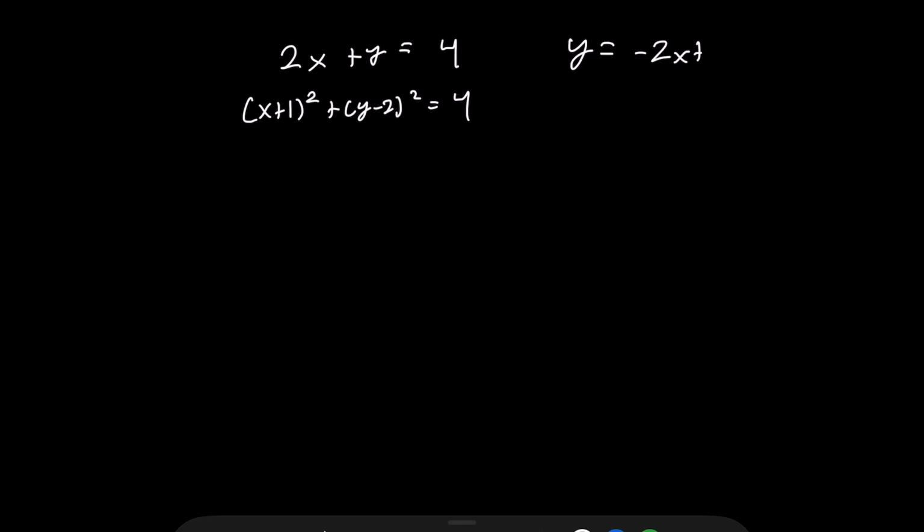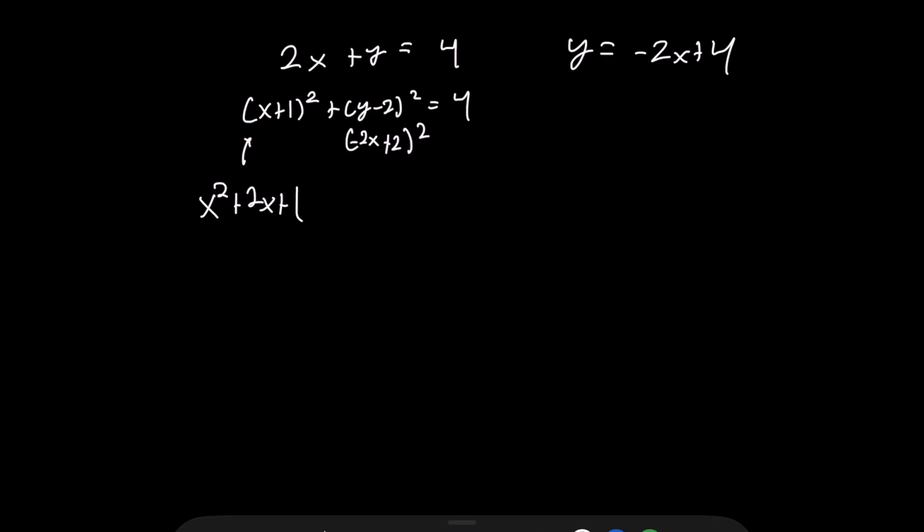We can easily solve for y in the top equation, so I'm going to do that. y is equal to negative 2x plus 4. And I'm going to substitute that into the bottom equation. It's going to get a little messy, but it's okay. I'm actually going to expand this. So we're going to get x squared plus 2x plus 1. And I'm going to simplify this before we get any further.